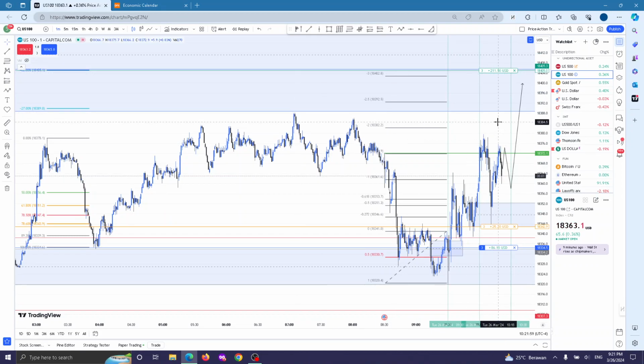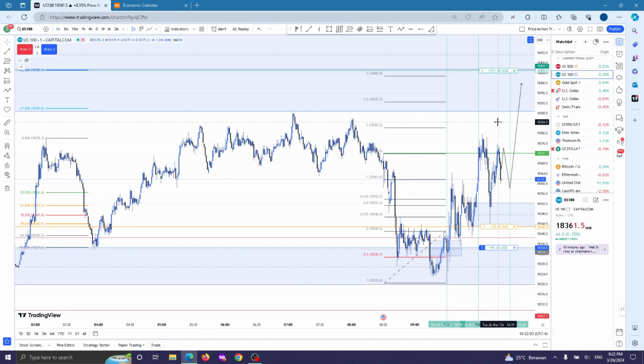More and more liquidity. Silver bullet. 10-11 is choppy.